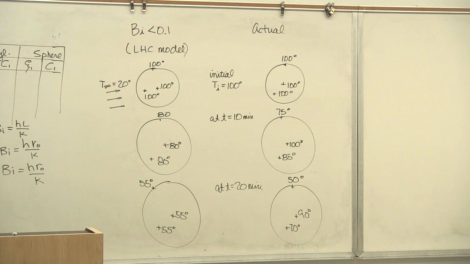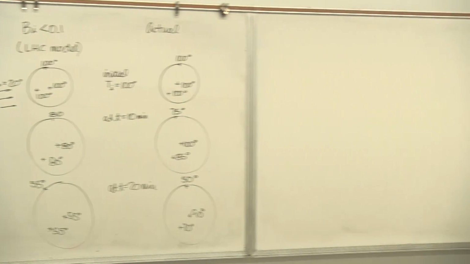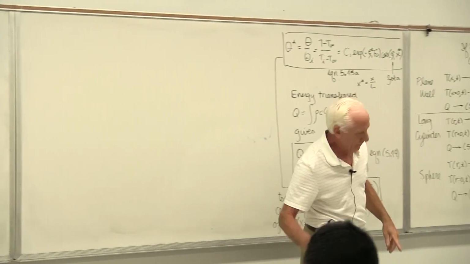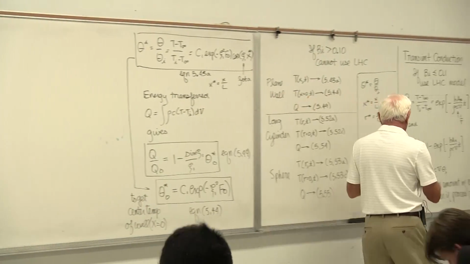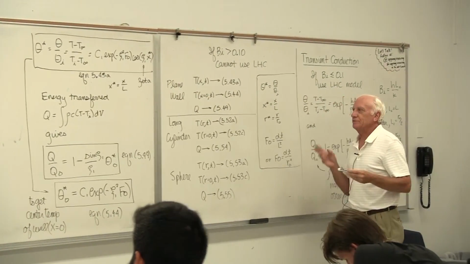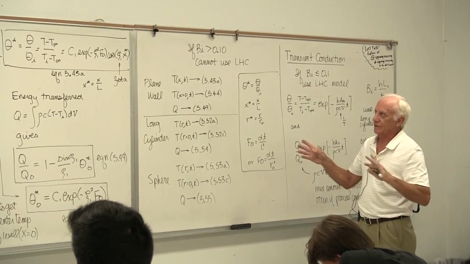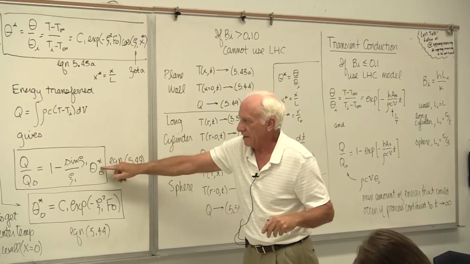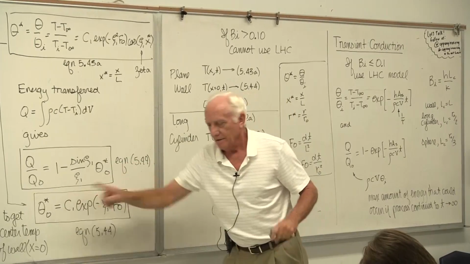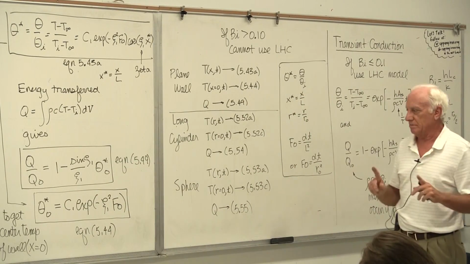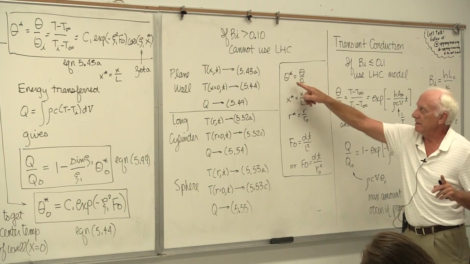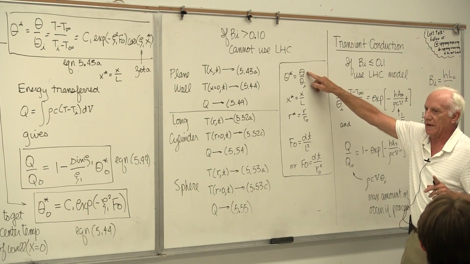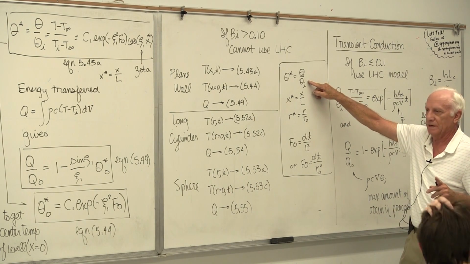Time is in the Fourier number. X or radius is over here. By the way, anytime you see an asterisk or star, X star, theta naught star, that star tells you it's a ratio. Theta over theta i, it's dimensionless.